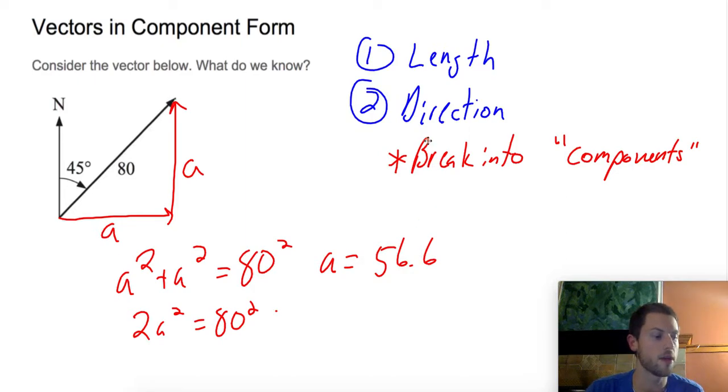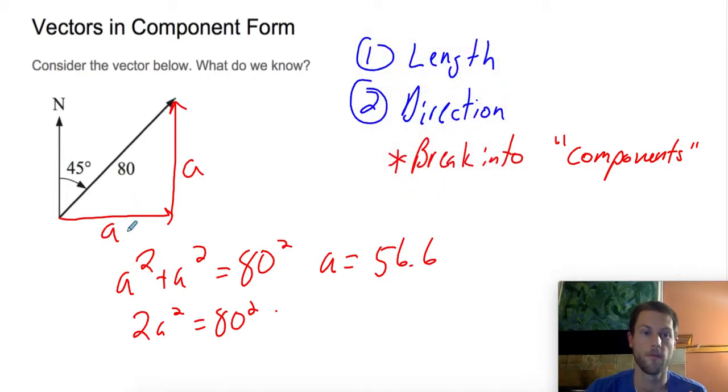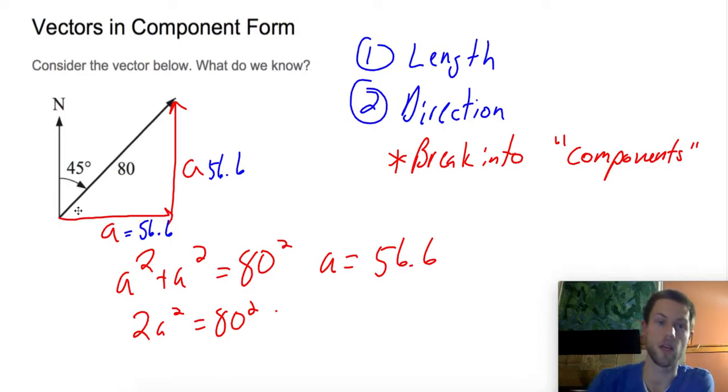So really what that means is we've broken this down into a horizontal and a vertical component. This is going to be a horizontal component of about 56.6, and this is a vertical component of 56.6. So if you were to take 56.6 steps in a horizontal distance and then 56.6 steps in a vertical distance, it's as if you took 80 steps at a 45-degree angle.